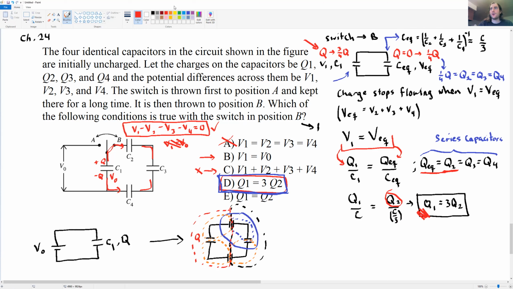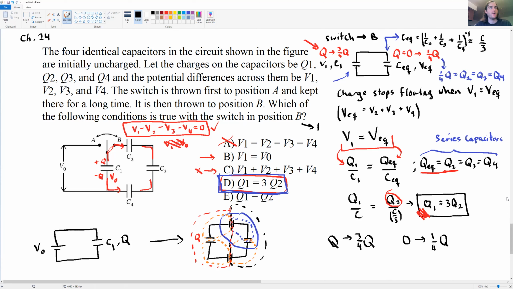And the total amount of charge that we started with, so this answers our question now, so the answer is D. The total amount of charge that we started with was Q. So if after a long time that charge decreases to Q1, and that charge distributes to the other 3 capacitors, then the only way that can happen is if Q goes to 3/4 Q, the 3/4 of the initial charge, and the others go from 0 to 1/4 of Q. So that has to happen all in proportion.